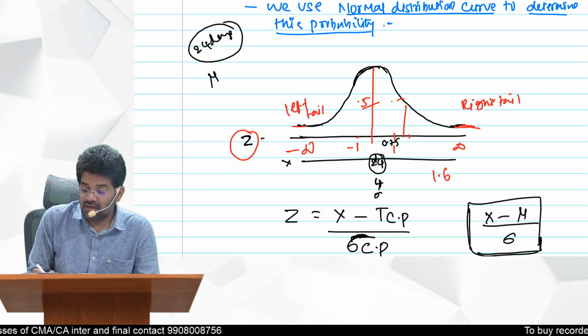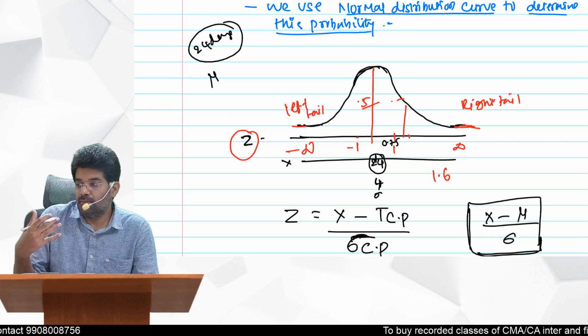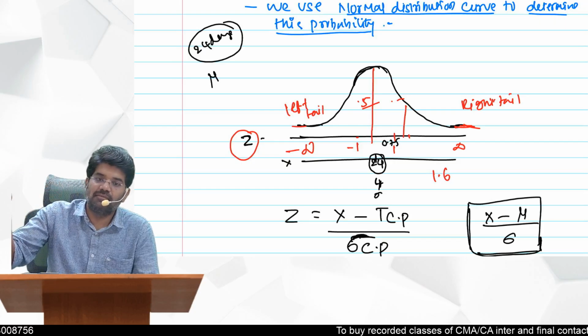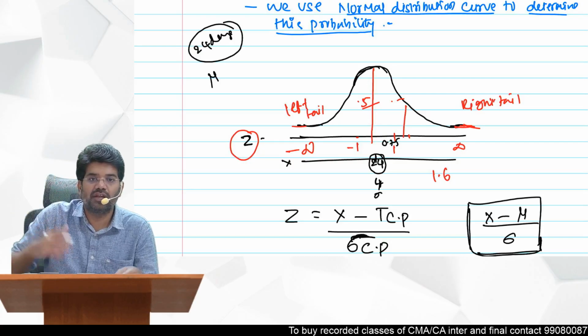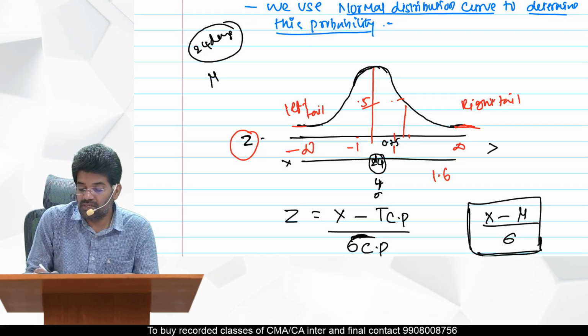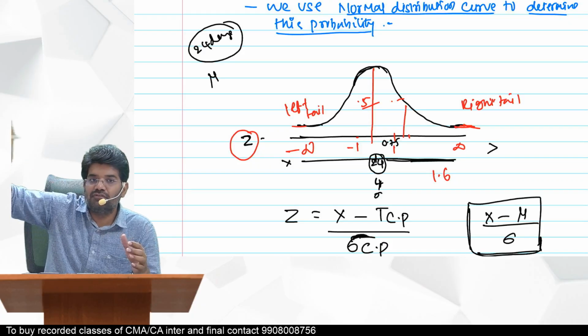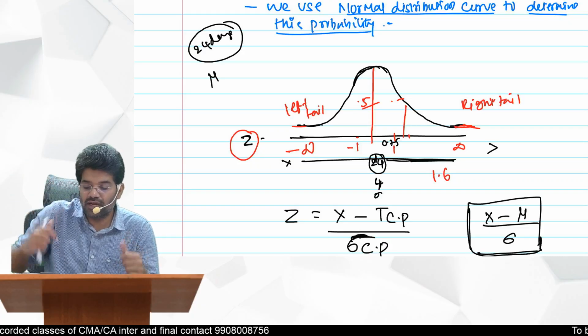Now what I would like to know is the probability of a project time greater than 24. That means from greater than 24 to infinity, that range of data probability I would like to find out.